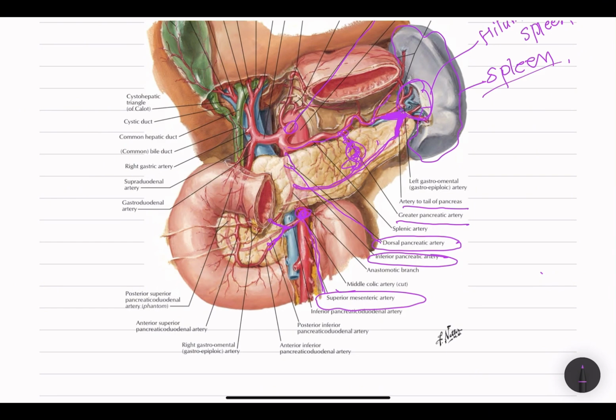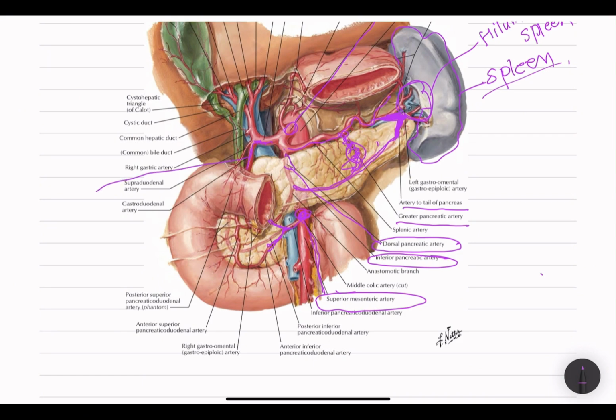And here also, just below the common hepatic artery, another artery comes: the anterior and posterior pancreatic artery.